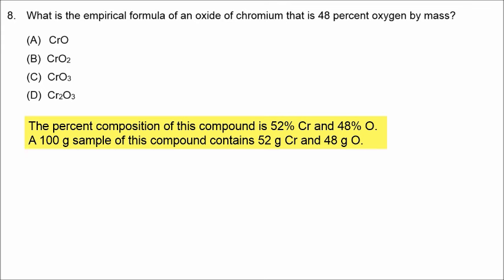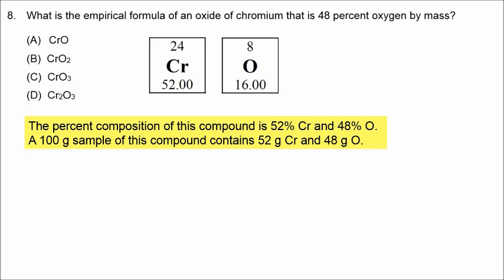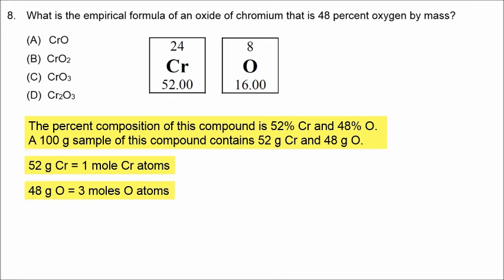Here's what we get off the periodic table. The molar mass of chromium is 52, and the molar mass of oxygen is 16. So 52 grams of chromium is exactly 1 mole, and 48 grams of oxygen atoms is exactly 3 moles. Therefore, since the ratio must be 1 to 3 between chromium and oxygen, the correct answer is C.